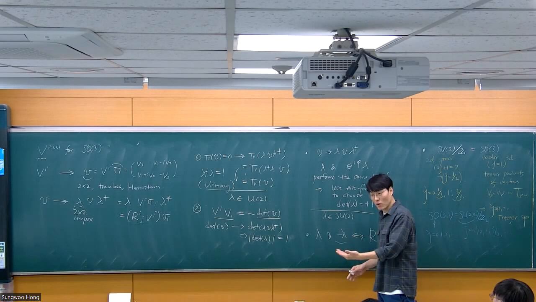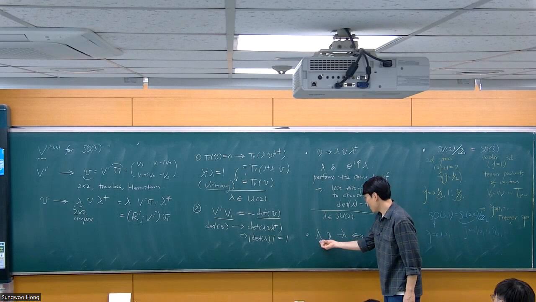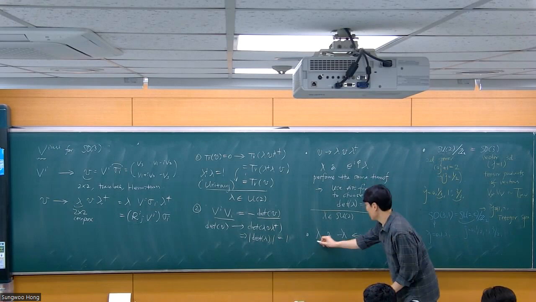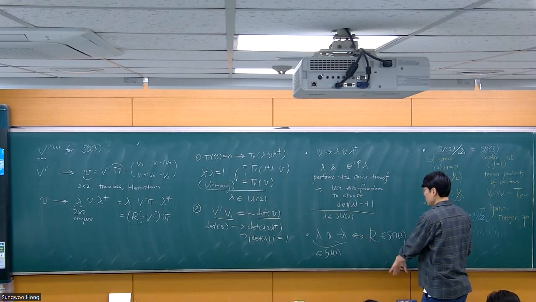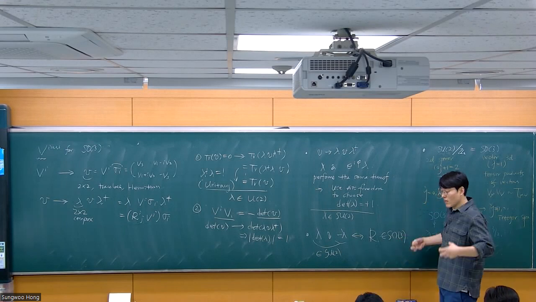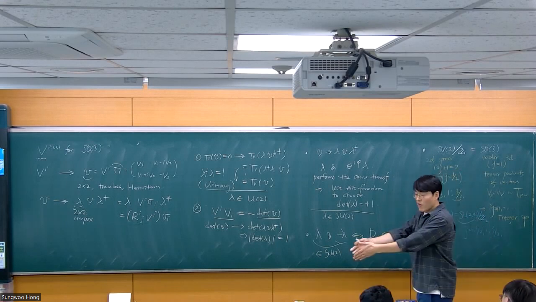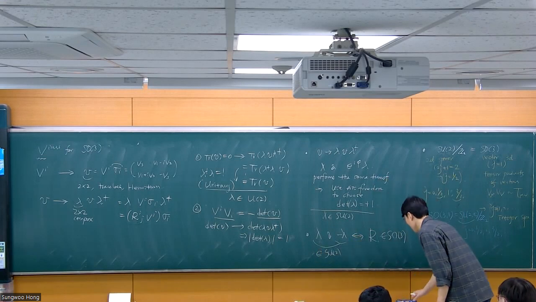Minus 1 times minus 1, the determinant is plus 1. So even after this, lambda and minus lambda in the SU2 sense correspond to the same SO3 rotation. So there are always 2 elements on the SU2 side that give rise to a single element on the SO3 side. So that's the sense.